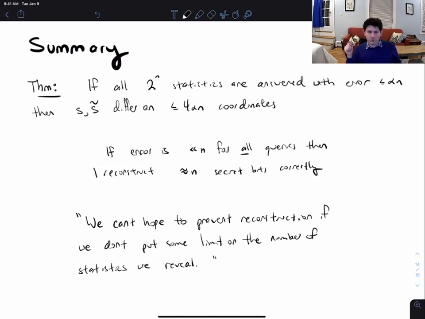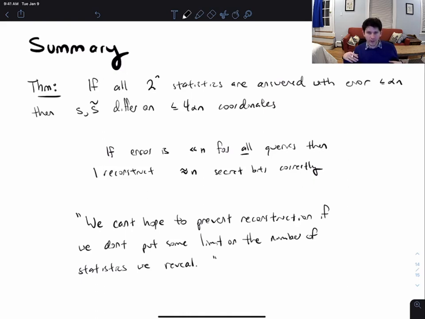Of course, 2 to the n statistics is an enormous number of statistics. If we have a data set of size 100, we don't really need to answer 2 to the 100 queries about it. So what we'll see in the next lecture are reconstruction attacks that use many fewer queries and can be made computationally efficient.